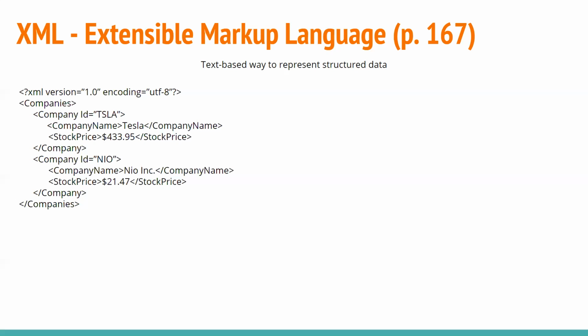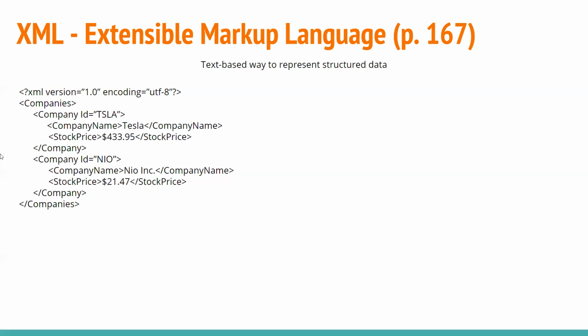Okay, I'll give this one away. This is representing companies and their stock price, right? You can see we've got a list of companies. That's what this companies to slash companies is. We've got a company ID, TSLA, that's Tesla's stock ID.